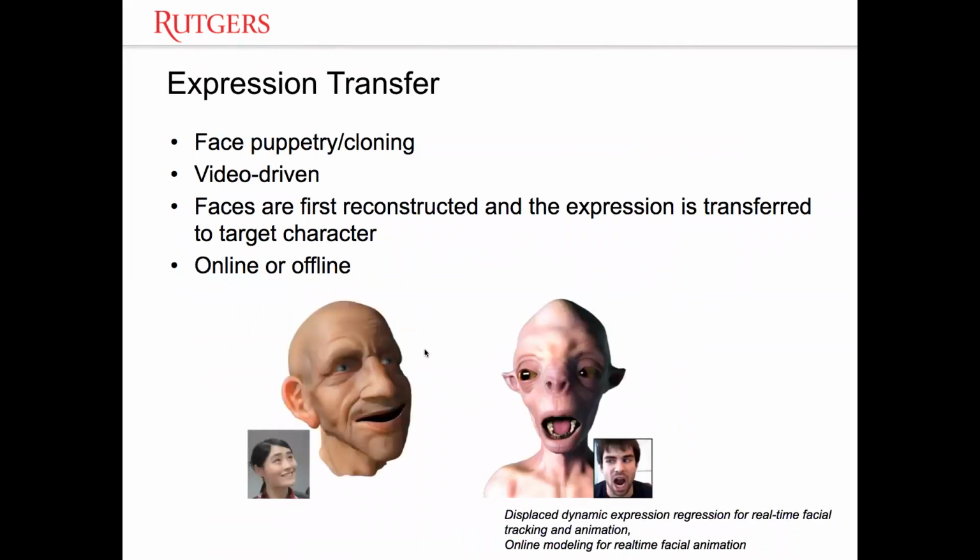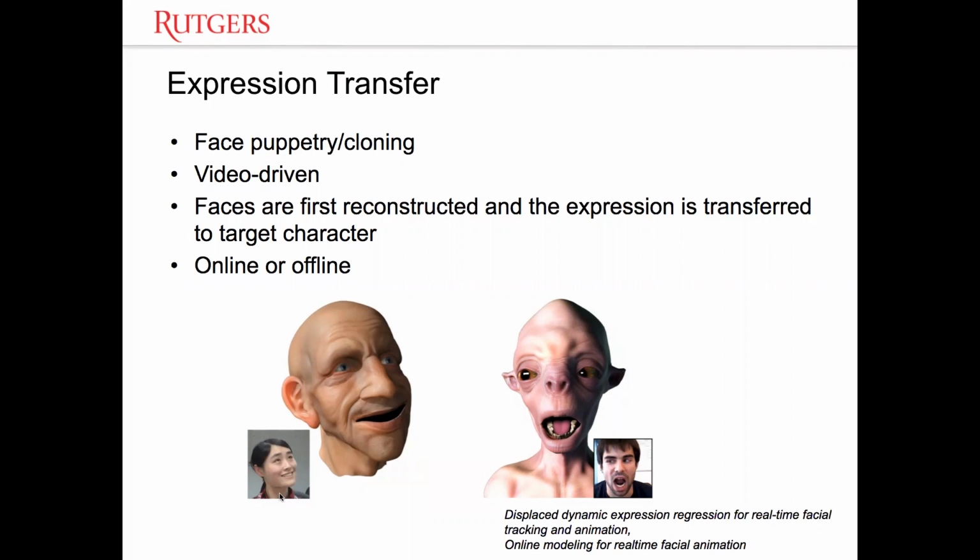So for example, if we're talking about expression transfer, we say that we have an image source and a blend shape character, because it's a digital character, it has to use blend shapes. Once we have the original face as input, we reconstruct its face.